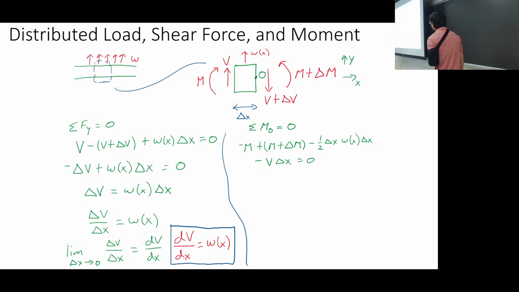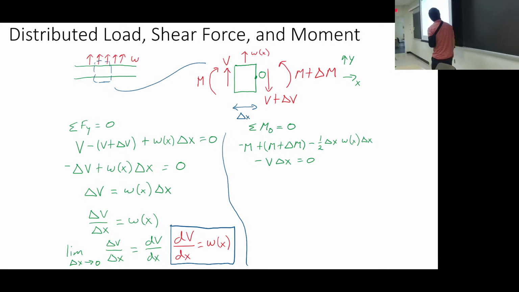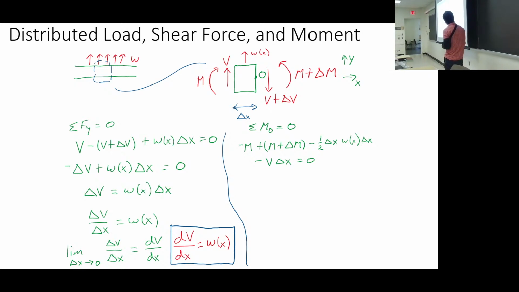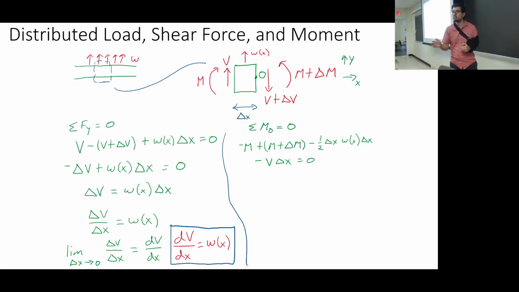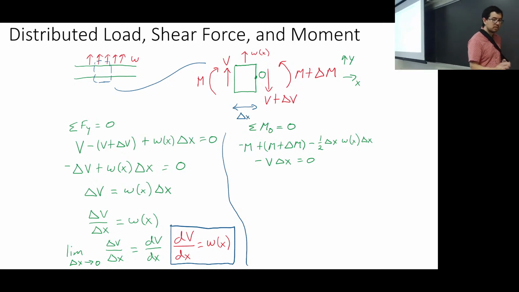And V is on the left side at a distance delta x, so that's minus V delta x. We don't care about V plus delta V because it's applied through O, so its moment is 0.